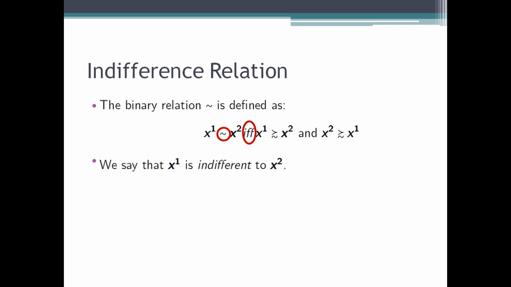I'm just indifferent. The preference that I will get from both is the same. So as a consumer I will get the same level of satisfaction, the same utility level, if I consume x1 or x2.